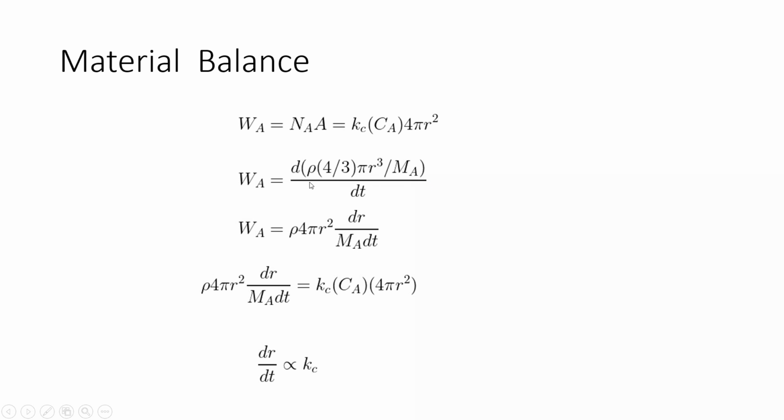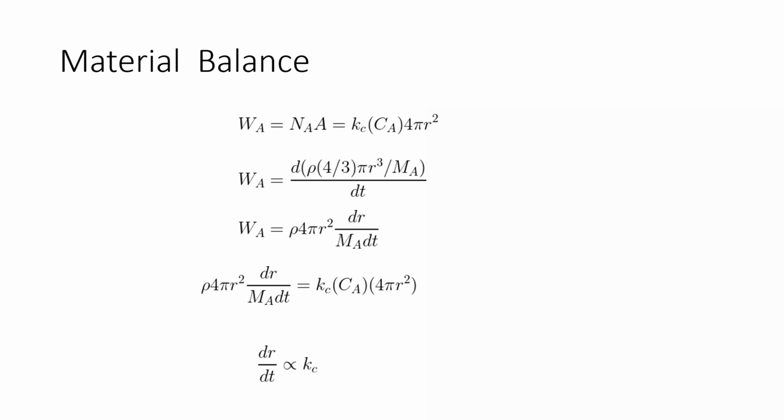Another W_A can also be written as d by dt of rho into 4 by 3 pi r cube, where rho is the density and 4 by 3 pi r cube is the volume. Density and volume multiplied give the mass of the camphor, and if we divide it by the molar mass of the camphor, it gives the moles, and with time, it will be mole per second.